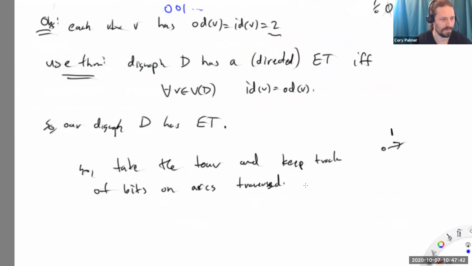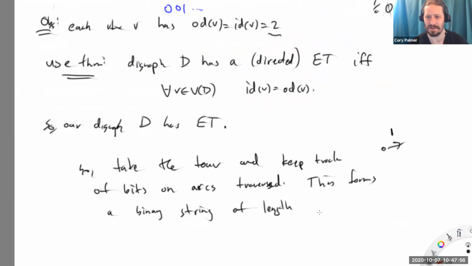So this forms a binary string of length. What's the length here? It's the number of edges, right? The number of arcs in the graph here. How many arcs does my graph have?